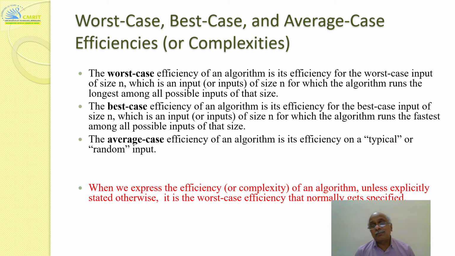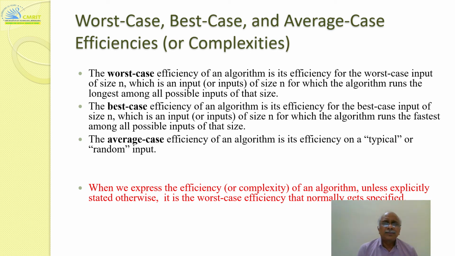But then there is another complexity. What happens if the key is not present in the array? Obviously, it takes n. And what is the probability that the key is not present in the array? So the probability also plays into account when we talk about average case efficiency.